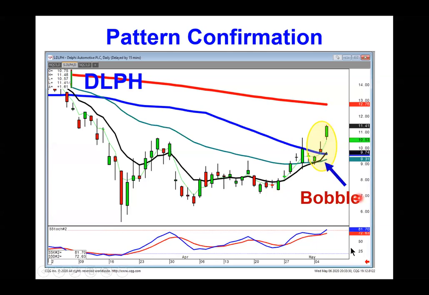We call it a bobble versus a J-hook because we can see exactly where it sold off and exactly where it broke out. So a bobble pattern is just a much more defined J-hook pattern. And we know what to expect on a J-hook pattern. This wave right here is going to be the same magnitude as this wave right here. So if you're a day trader, you have a high probability of getting in early and knowing it's going to move in the direction that you expect. If you're an option trader, you're buying at the most optimal times, getting ready for the next price move.